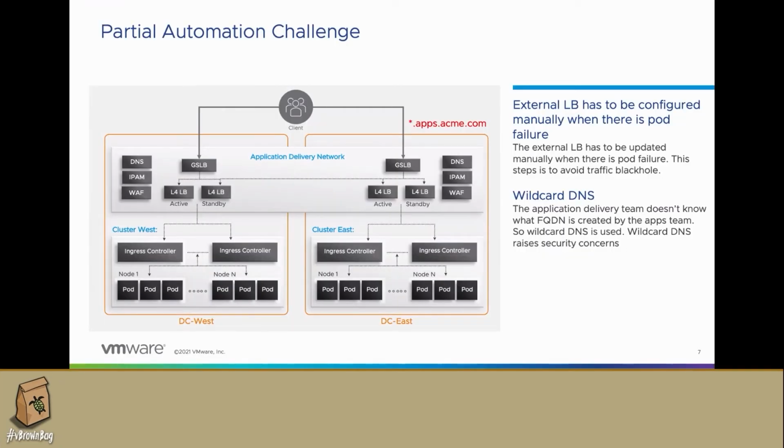Some of my customers shared with me that wildcard DNS raised security concerns because basically you can query any FQDN under a particular subdomain and you will get a reply. And the FQDN is specified in the Ingress manifest.